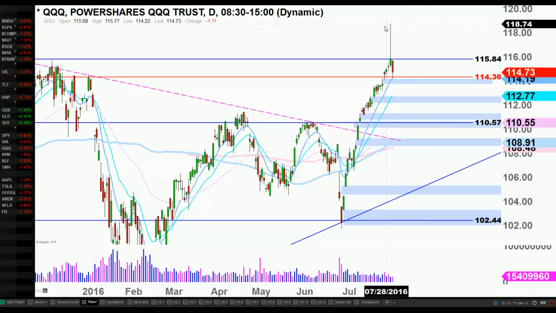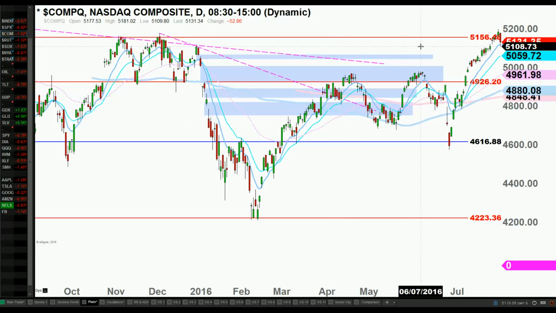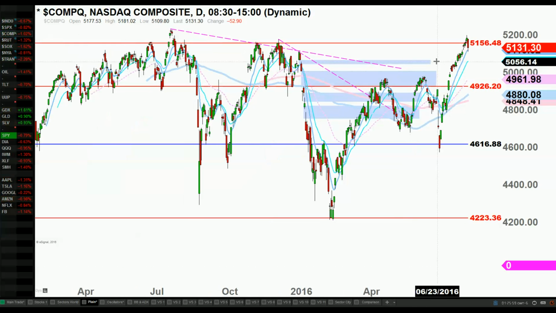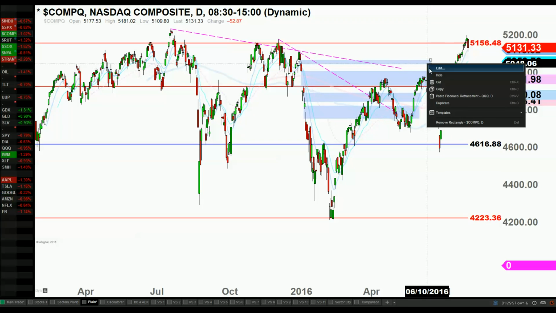Many people are thinking we have a huge shooting star candle here, but it's interesting to note that only on the Qs do we have the shooting star candle. If you look at the NASDAQ Composite Index itself, we don't have a shooting star. We just have a little spinning top here, and I don't think that's a huge deal.